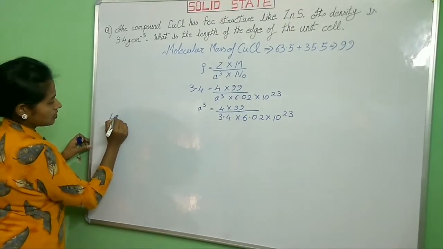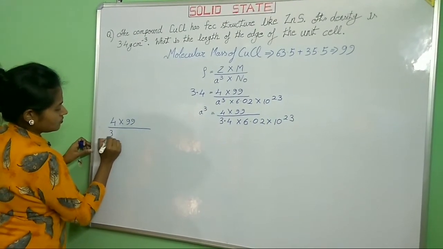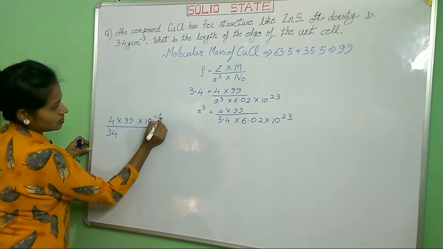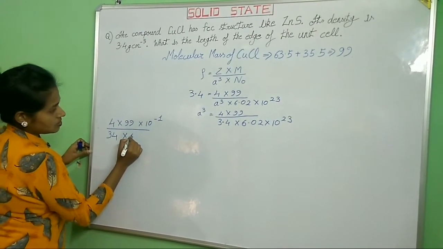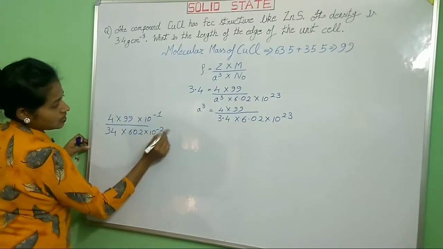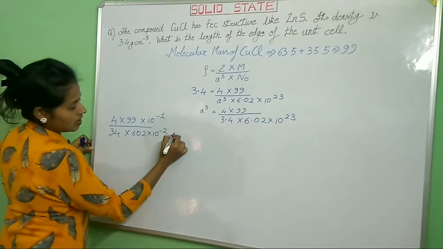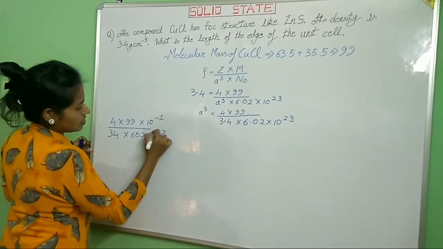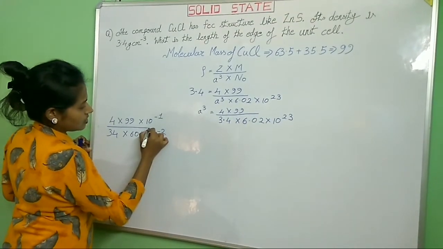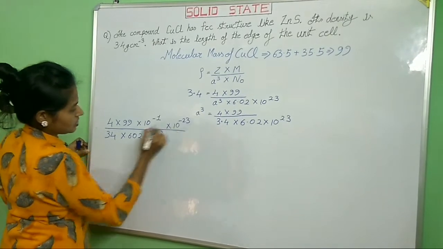So 4 into 99, 34 into 10 to the power minus 1 into 602 into 10 to the power minus 2 is equal to 6.02. It can be written in the same way also, and this 10 to the power 23, when it will go upside, it will come 10 to the power minus 23.